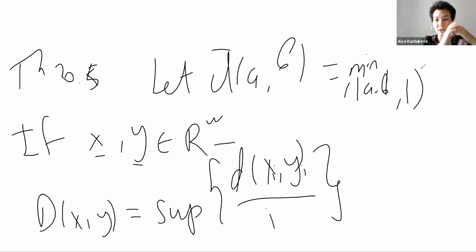First, we have to show it's a metric, right? So let's try to show together it's actually a metric. Why does the first property hold? Well, the first property is that it's not negative, right?